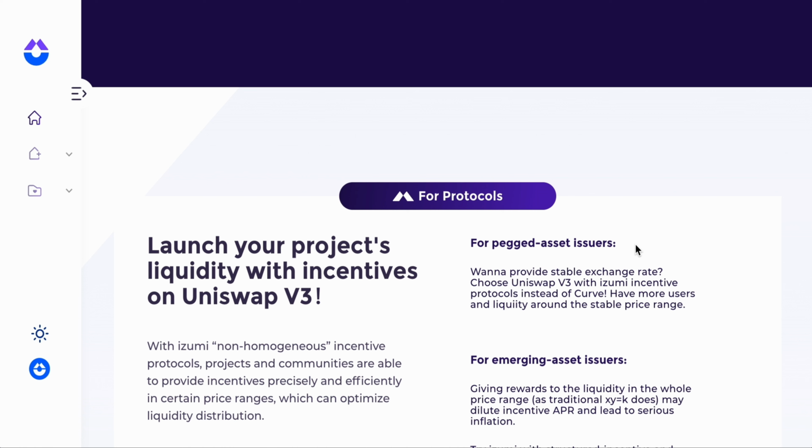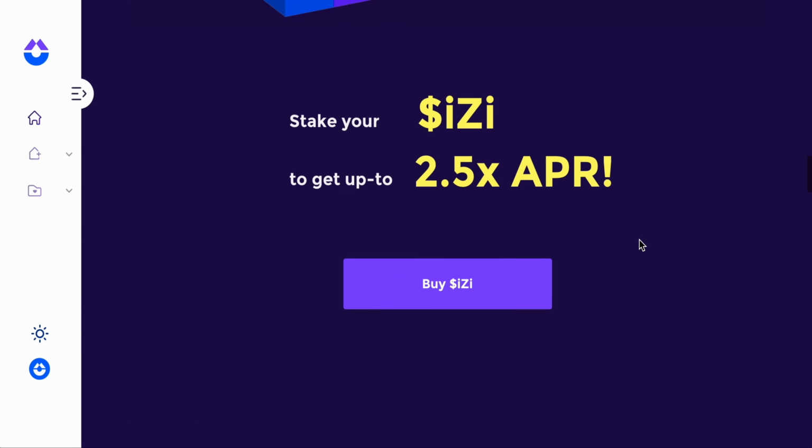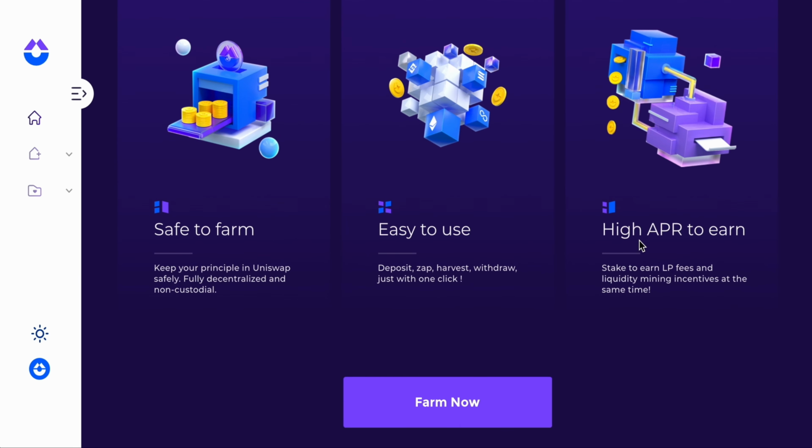So the security issue of Uniswap V3 on the Izumi protocol can be completely assured. Izumi Finance will not own or operate any of your assets. So please rest assured to put your Uniswap V3 NFT on Izumi Finance to get more liquidity reward. It is safe, quick, and easy, and you can get a very high APR to earn.